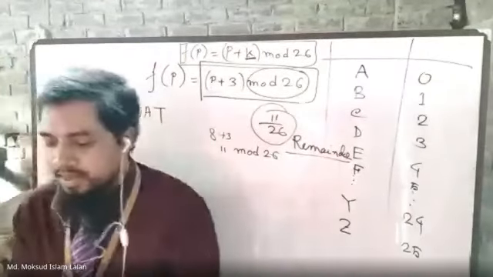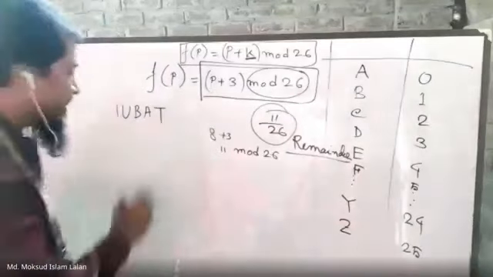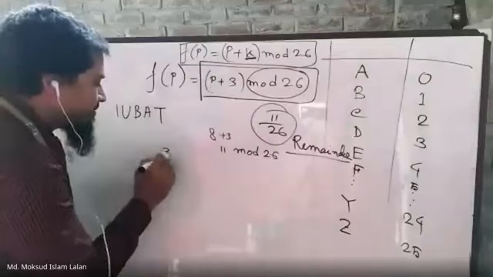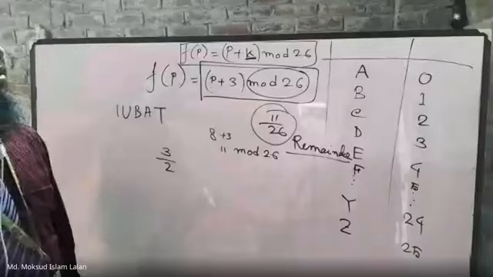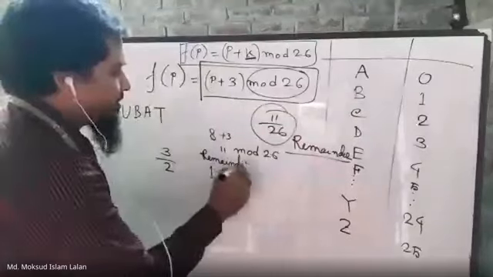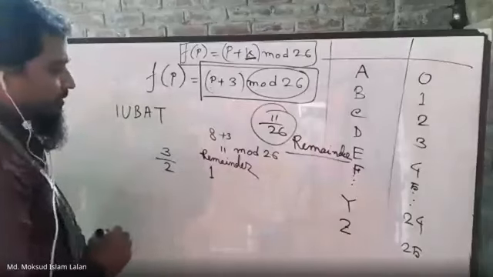Very good. Let us look at a few more examples. If you divide 3 by 2, what will be the remainder? 1. Are you sure? So 1. Okay, good.